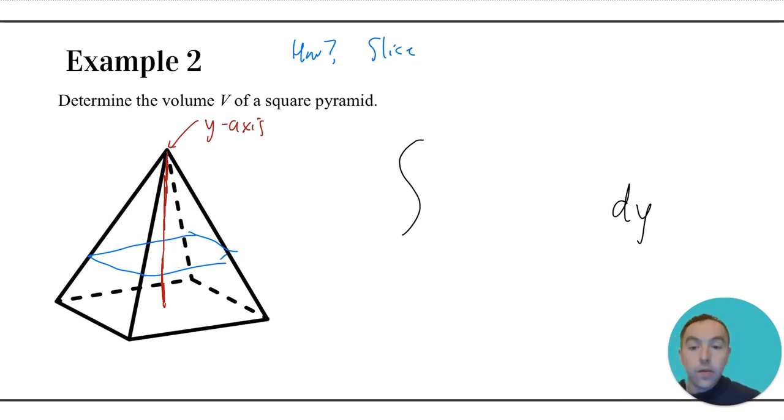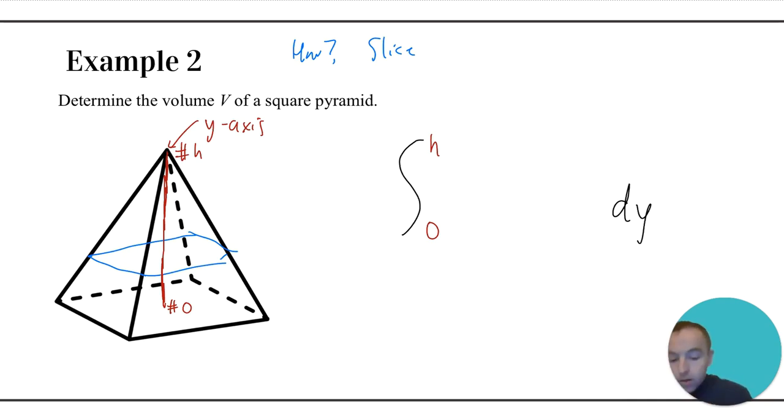And we'll want to integrate then from whatever number this lower number is on the y-axis up to what this higher number is on the y-axis. So we might say that this is like 0, and this is h, the height of the pyramid, right? So we'll integrate from 0 to h then in this pyramid.